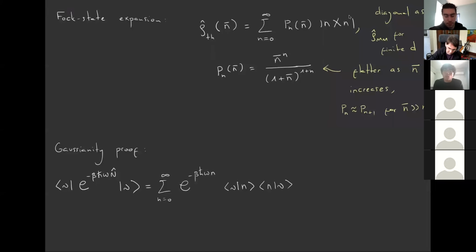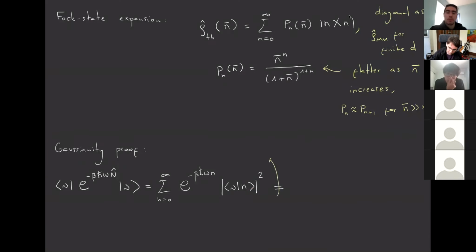But what is this? This is just the same as the absolute value of the overlap between a coherent state and a Fock state n. And we know what this is.